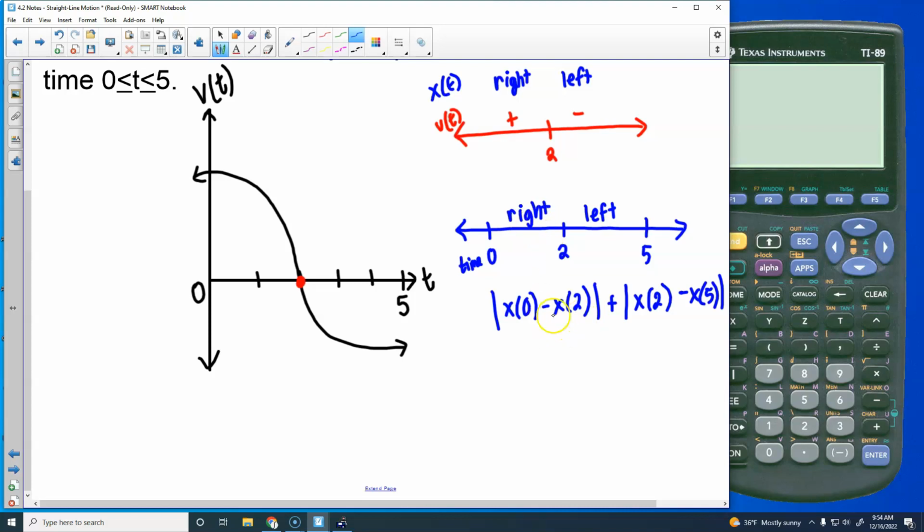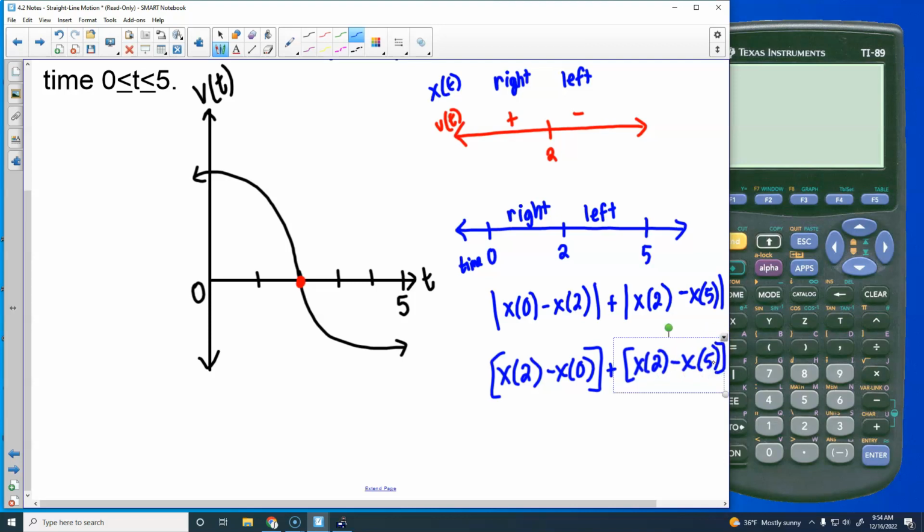So for this section, that's going to be x of 2 minus x of 0. However, from 2 to 5, we move to the left. So which one's bigger? x of 2 or x of 5? x of 2. So we would want to do x of 2 minus x of 5.